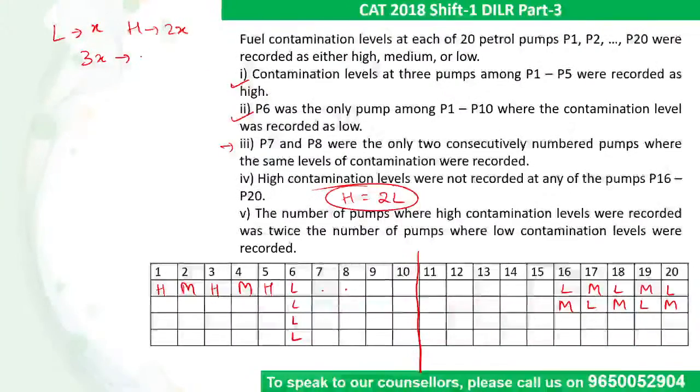I cannot have 9 because medium cannot be 11, I can have 12, I can have 15. For high, medium, low, if I put x equal to 4, I'll have 8 high, 12 for the total, and this is 8, this is 5, this is 2.